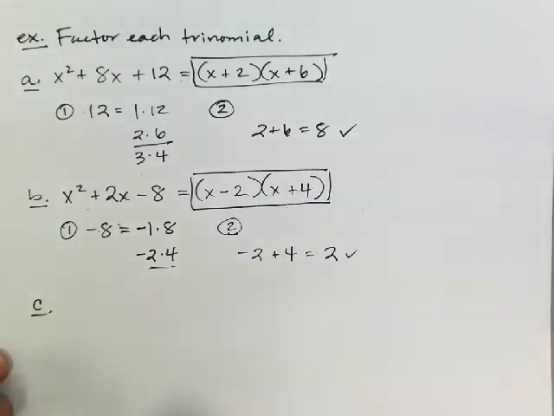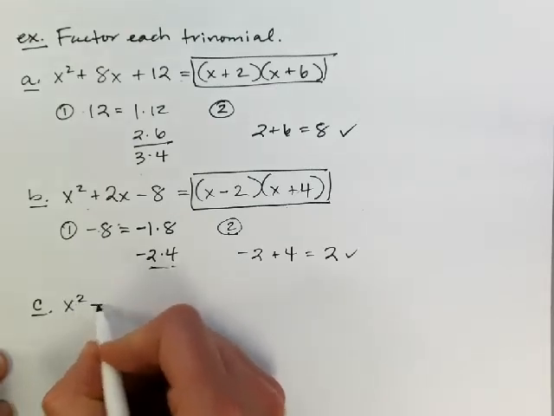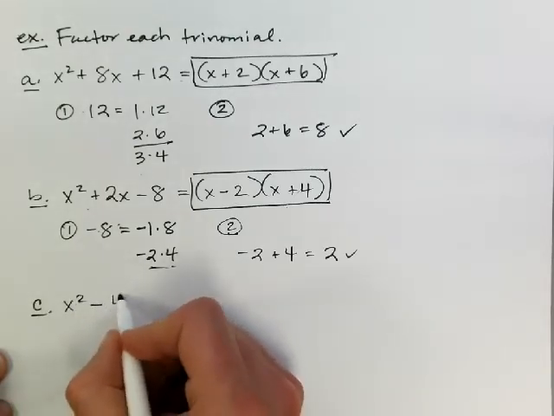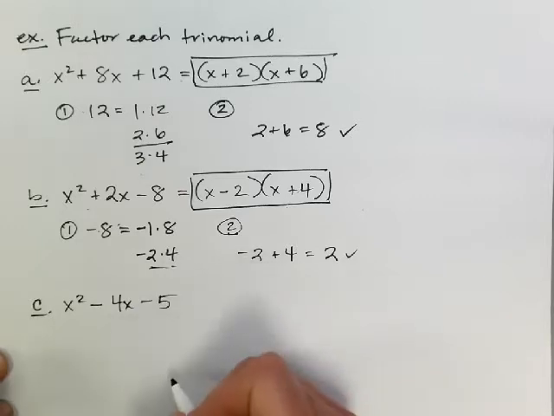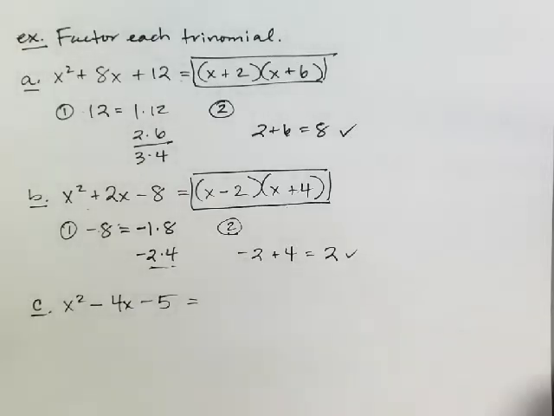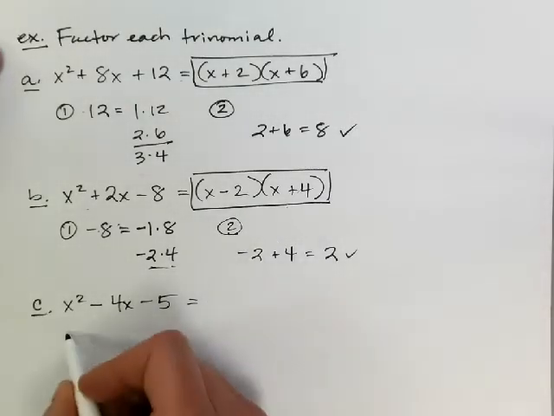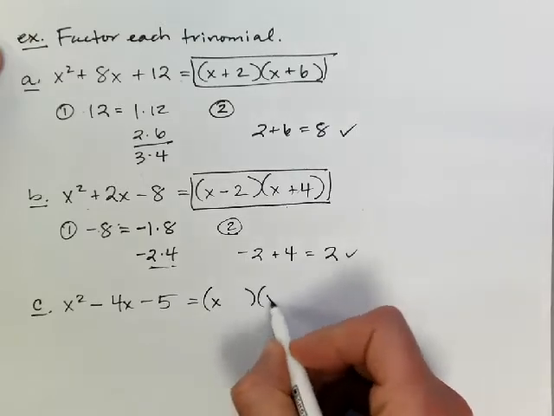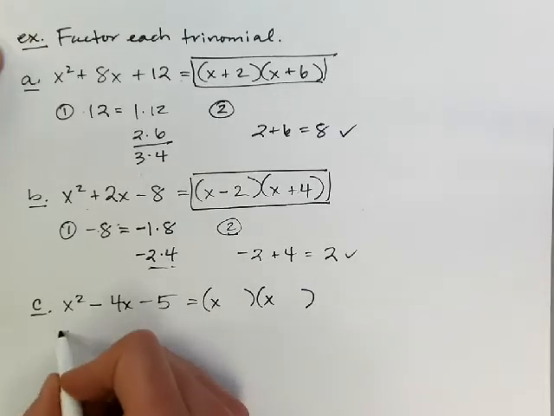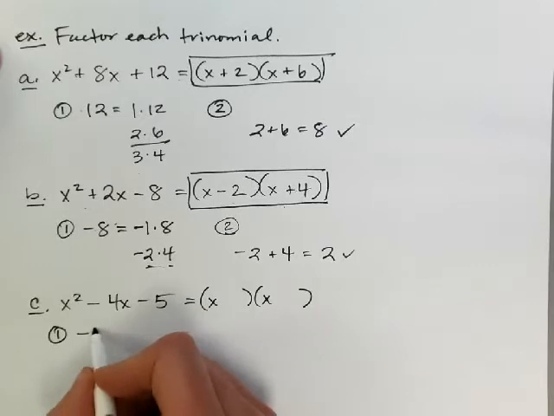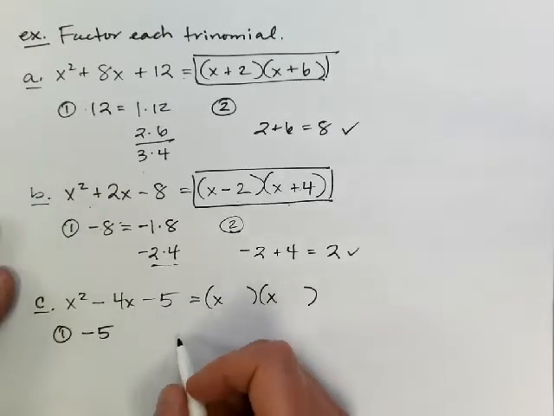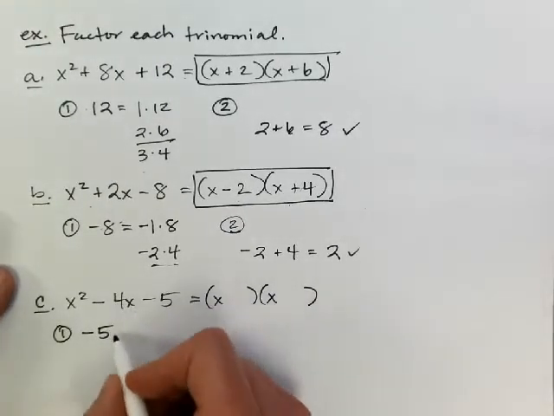Okay, example C. x squared minus 4x minus 5. Go ahead and pause and work this out a little bit. Write our factors out. Now we need to factor a -5, and it needs to add up to a -4.